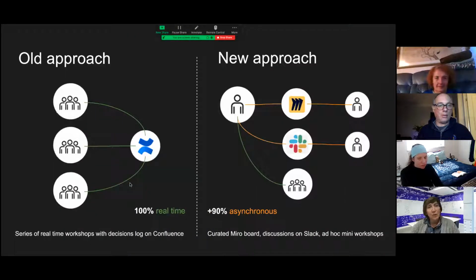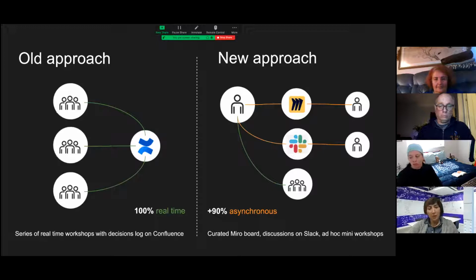So what were we doing before for addressing those issues? Typically, we would just meet face to face many times with a series of workshops, and the interaction was mainly in real time. And once we reached an agreement, we would go on Confluence and log our decision.